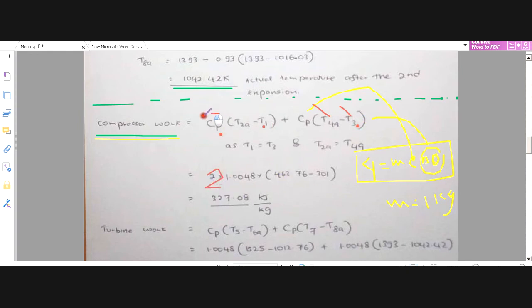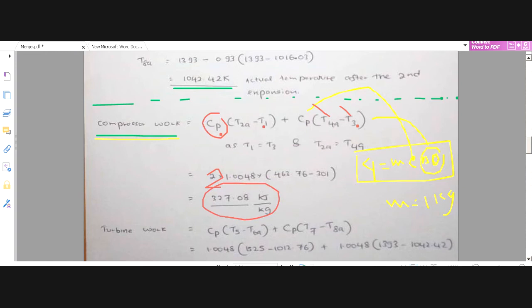So what is Cp? The specific heat capacity at constant pressure is mentioned in the problem: it is given as 1.0048. So now you can evaluate the compressor work. This is the compressor work, so just use the formula and put in the values.